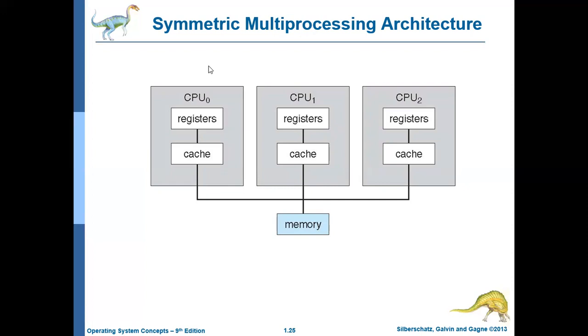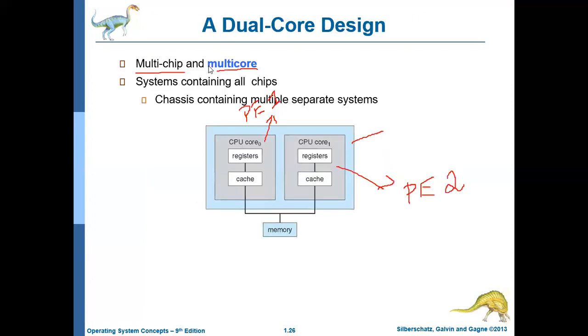No, you cannot, because nowhere do you have more than one core in a single chip. So this is just multi-processing, not multi-core. Whereas here, this is multi-core because there are two cores in a single chip, and it is also multi-processing because you have two processing elements. So all multi-core systems are also multi-processing systems, but all multi-processing systems may not be multi-core. This is the difference between multi-chip and multi-core.